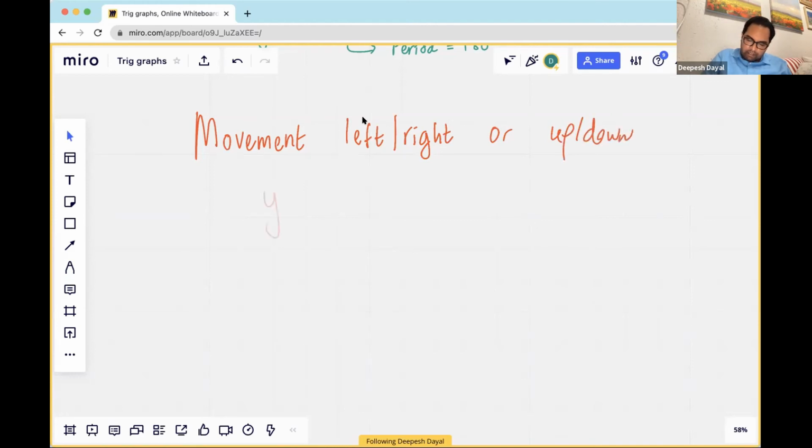So remember, our graph currently is y equals a sine bx. That's where a is the amplitude and b is the period change, right?